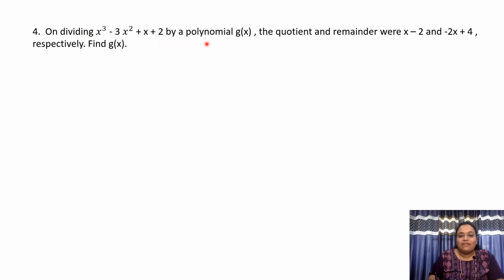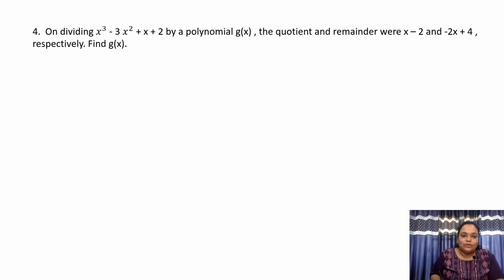If we divide with a polynomial g(x), he did not mention g(x), so we need to find the polynomial g(x). When we divide this polynomial by g(x), the quotient is x - 2 and the remainder is -2x + 4.